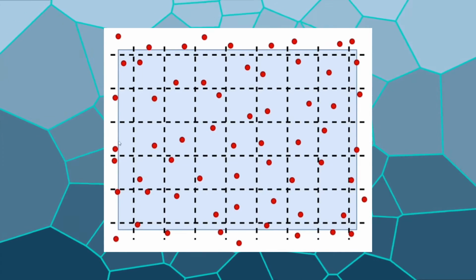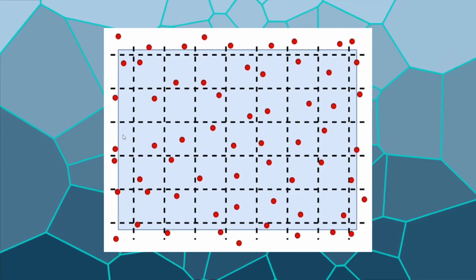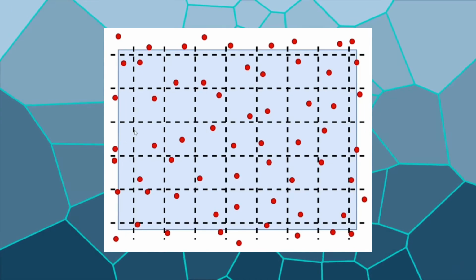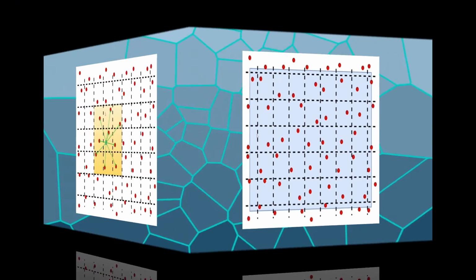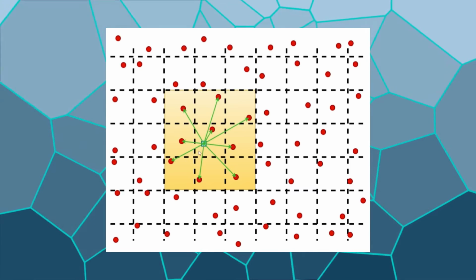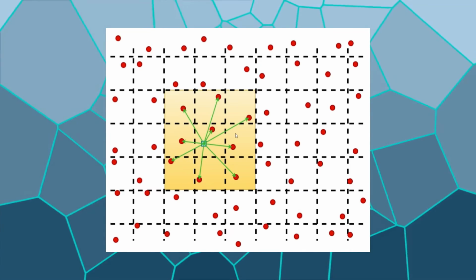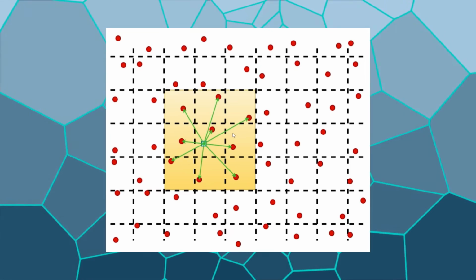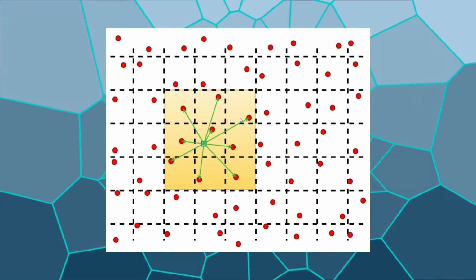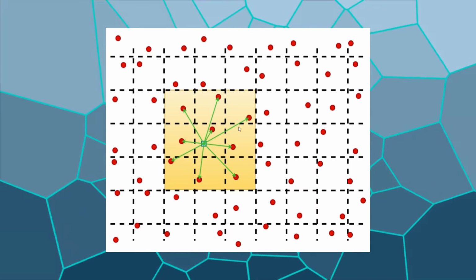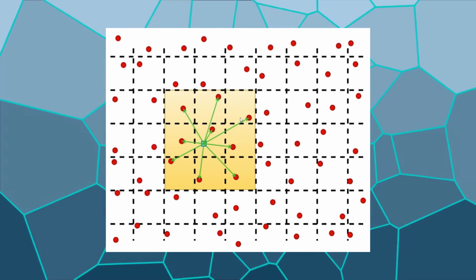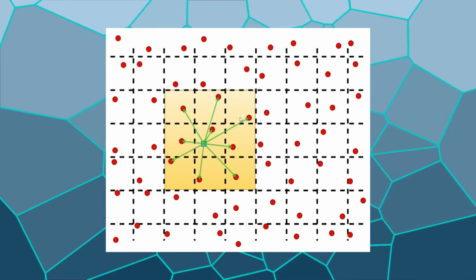And then for each of the grid cells, we will generate a single reference point at a random location, but inside the specific grid cell. After that, whenever we consider a given pixel, the problem of finding the closest reference point is simplified. We only need to consider the reference points from the cell containing the pixel and all the direct cell neighbors. So that's only 9 reference points to check per pixel.